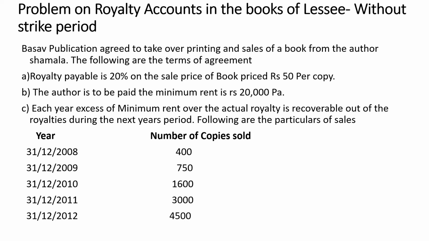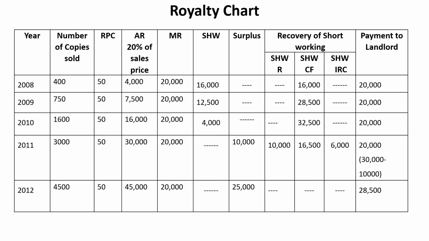They are given from 2008 to 2012, or up to 5 years, with the number of copies sold. Here, Basava Publication will become lessee. Shamala will become lessor. First, we'll see what entries you have to make in the royalty chart.